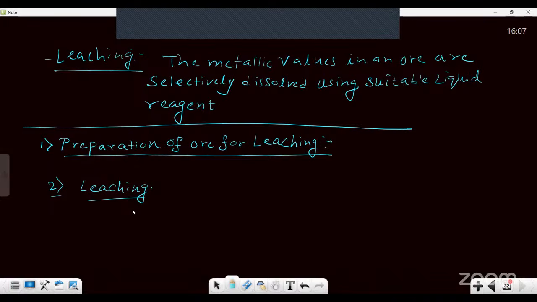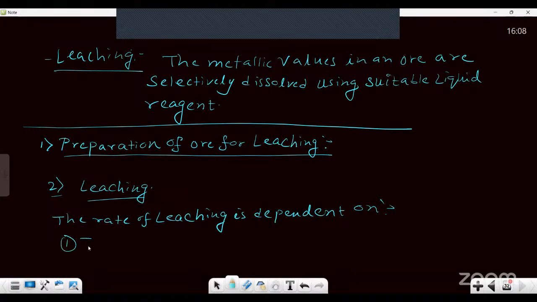Selective dissolution means the rate of leaching, and the rate of leaching is dependent on, number one, temperature.